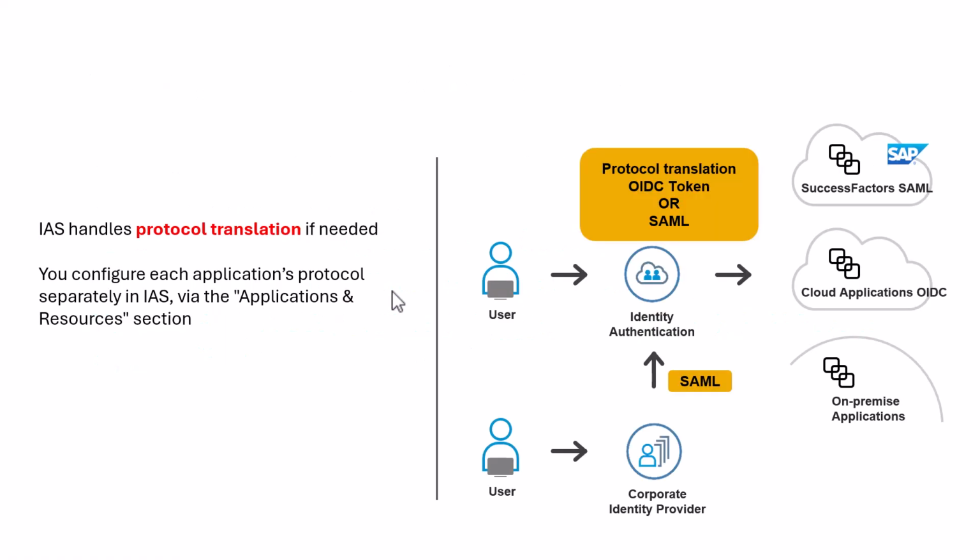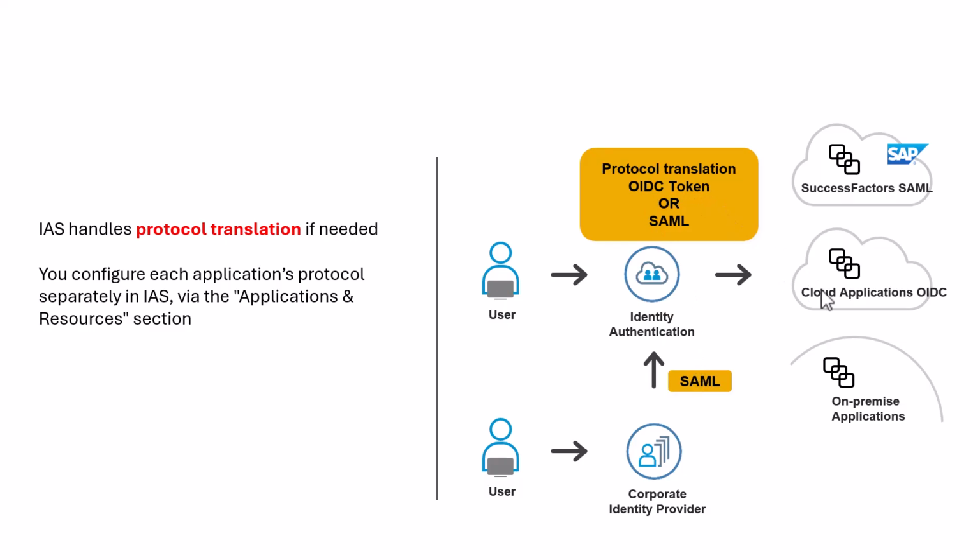Let's have an example here. The user logs into your corporate identity provider, and let's say that this provides a SAML assertion. Now, the identity authentication is smart enough. It can do a protocol translation right here. So even though this comes in as a SAML, it can convert that SAML into an OIDC token.